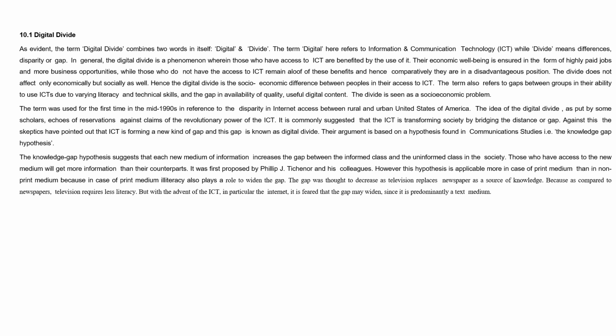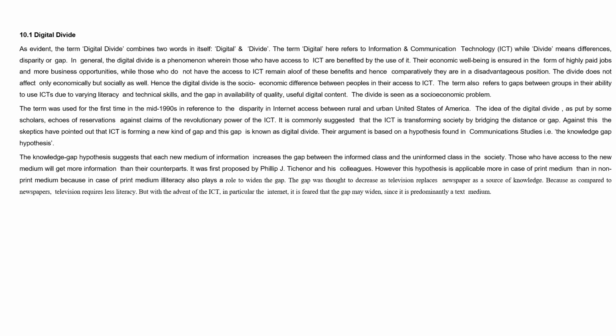The idea of digital divide, as put by some scholars, echoes reservations against claims of the revolutionary power of ICT. It is commonly suggested that ICT is transforming society by bridging the distance or gap. Against this, these skeptics have pointed out that ICT is forming a new kind of gap, and this gap is known as digital divide.